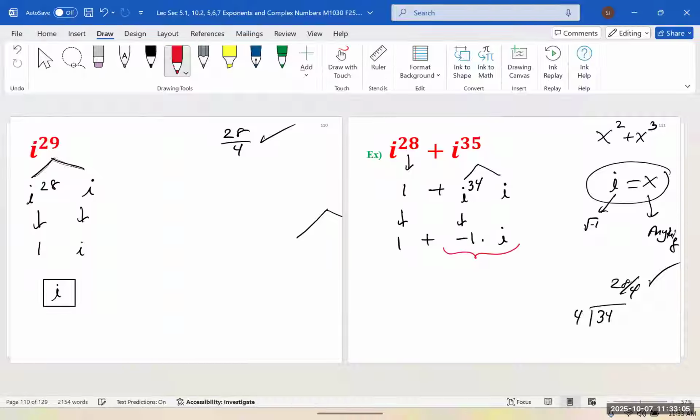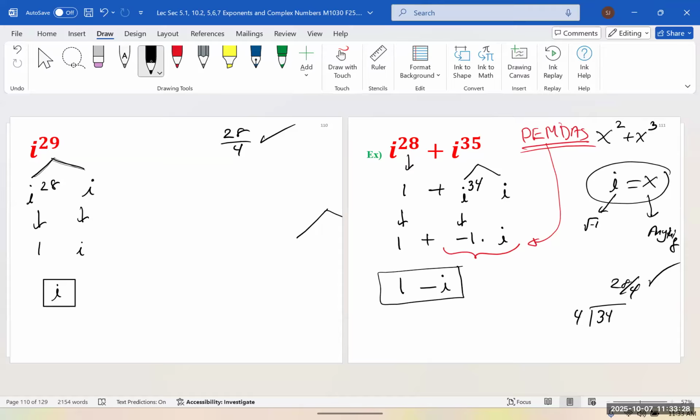You cannot cancel because multiplication comes first. So you have to multiply 1 minus i, and you cannot combine them because they're not like terms. So leave them alone. It's 1 minus i.